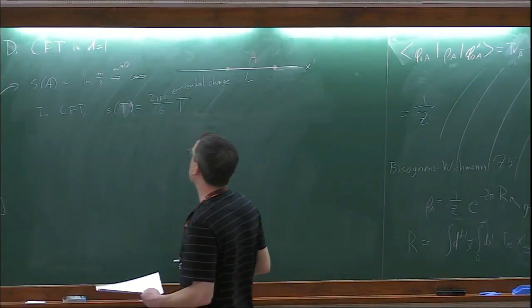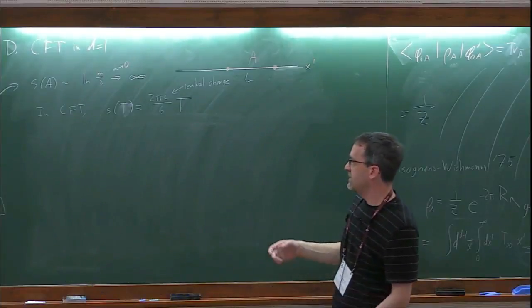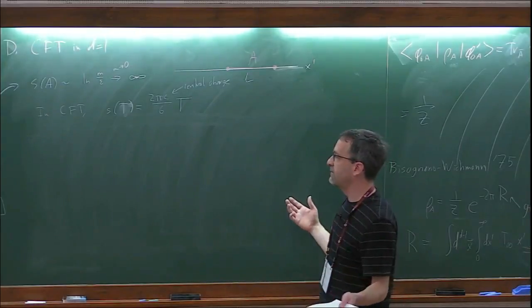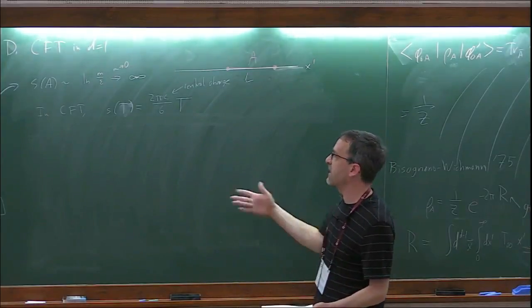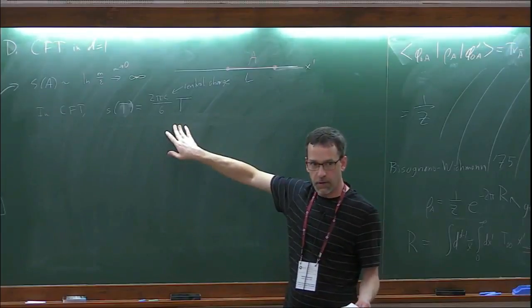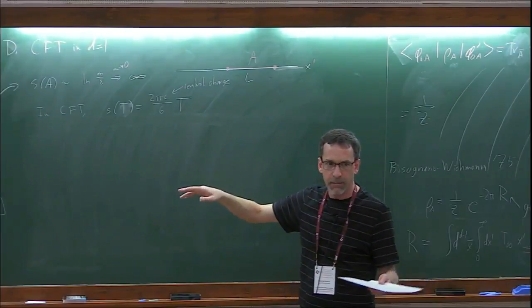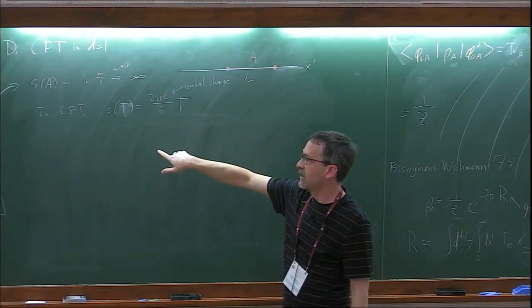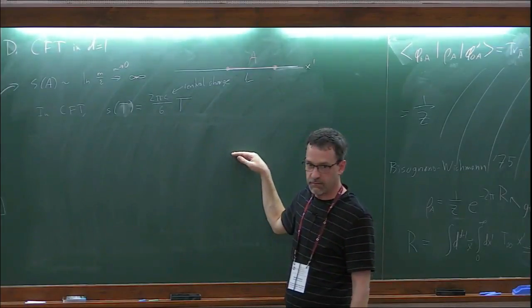And you can calculate the entropy density if you have a CFT at finite temperature exactly. So this is an exact formula, assuming you have constant temperature. But now I'm going to do something illegal, and I'm going to just integrate this when I have a situation with varying temperature.